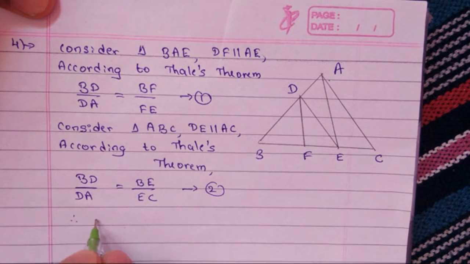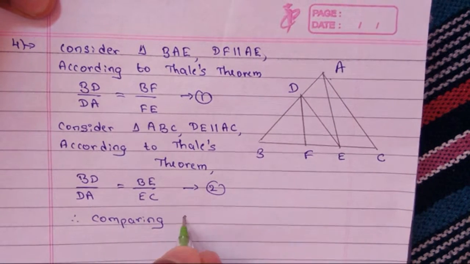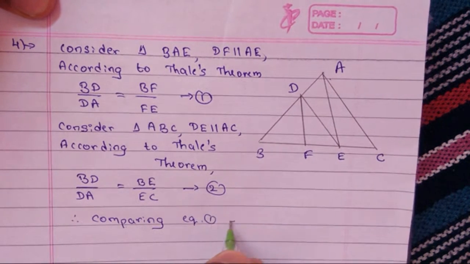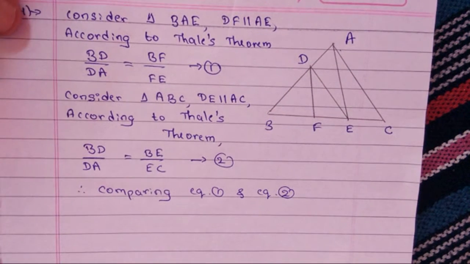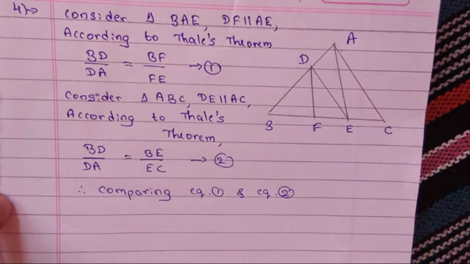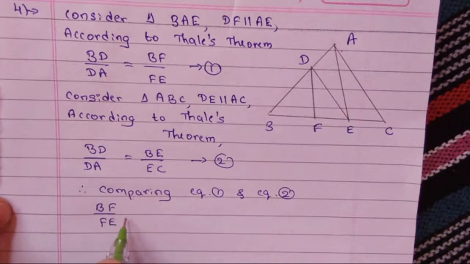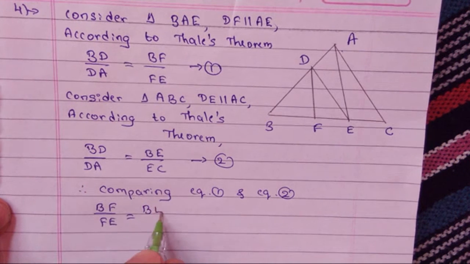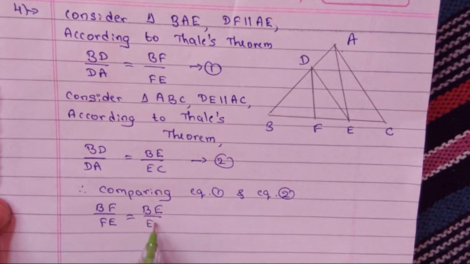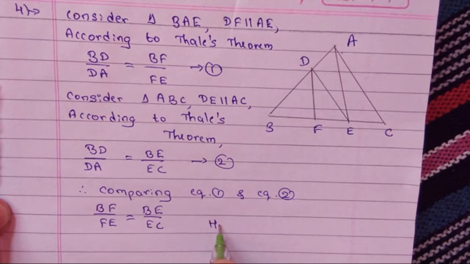So comparing equation 1 and equation 2, it becomes BF divided by FE, that is the right hand side of first equation, that is equals to BE divided by EC. Hence proved.